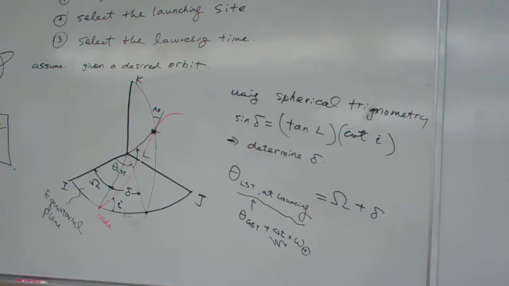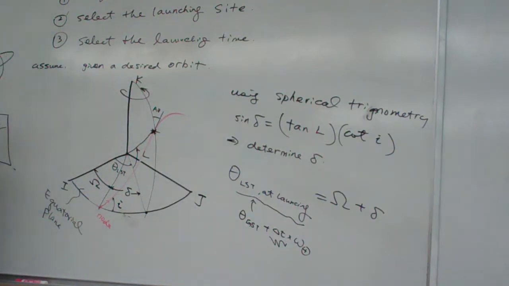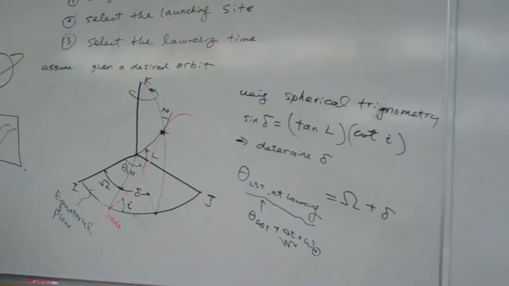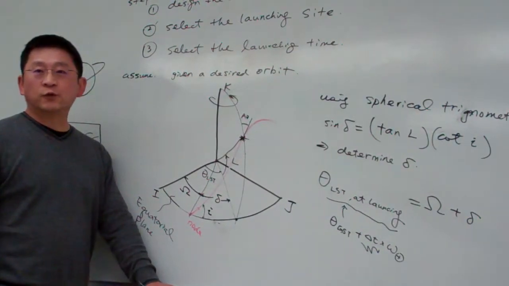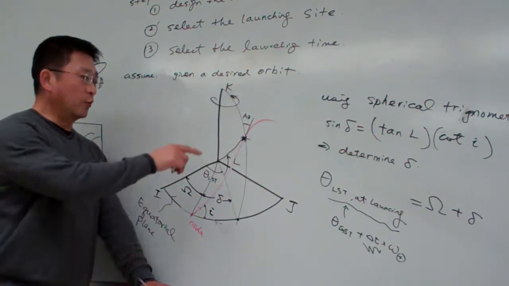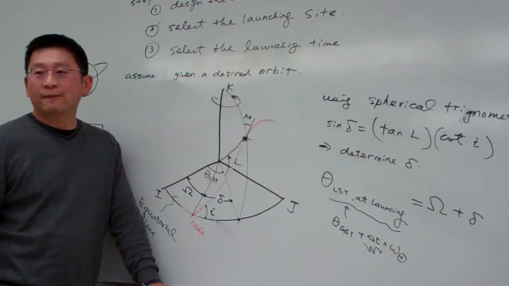Assuming the Earth is rotating like this, are you able to see, if for certain reasons, say due to weather conditions, we miss this launching, do we have other options?